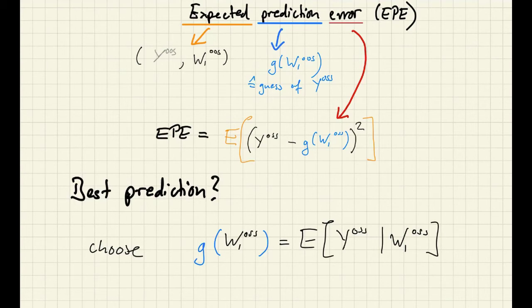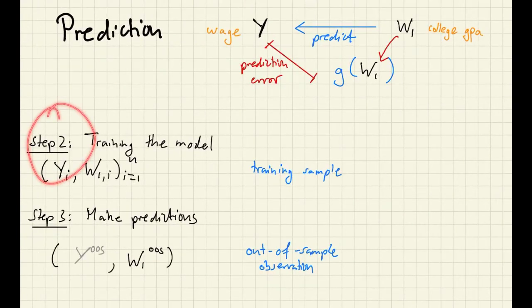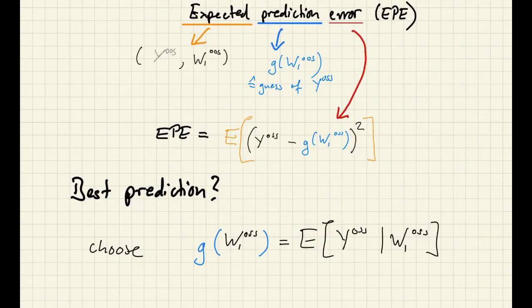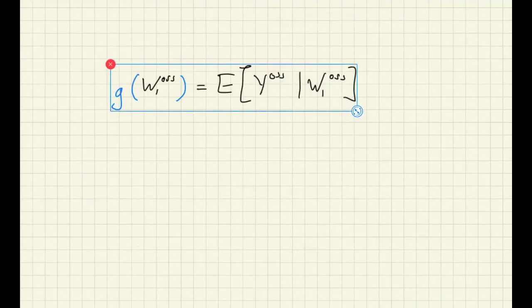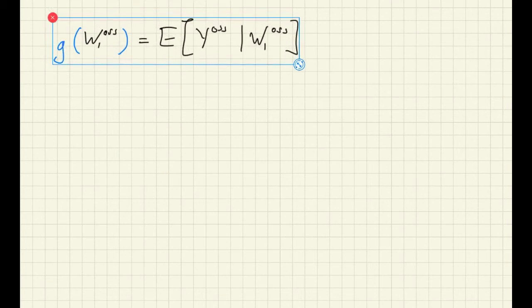If we want to use this kind of g function, then we have to take into account that the conditional expectation is also, of course, not known, and we would have to estimate it in this step 2. But this might actually not be a good idea, and let's think about why. What does this g function look like? Well, it is potentially a very complex function.